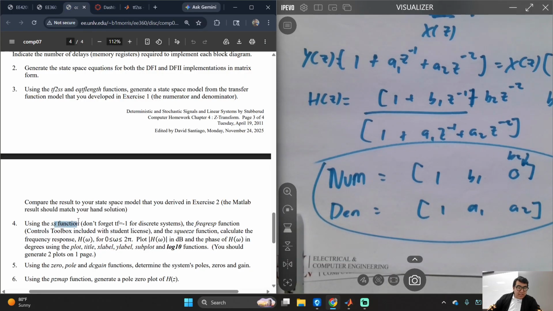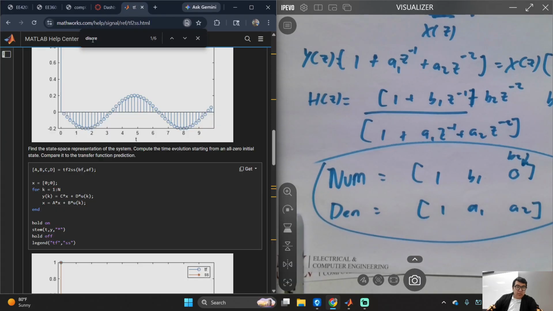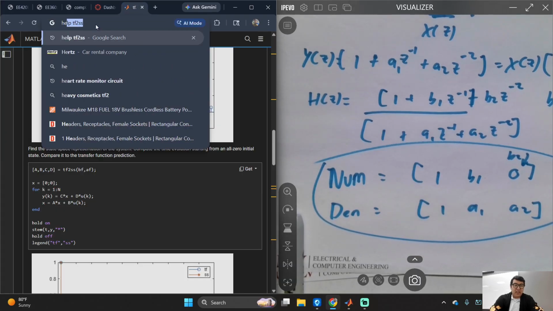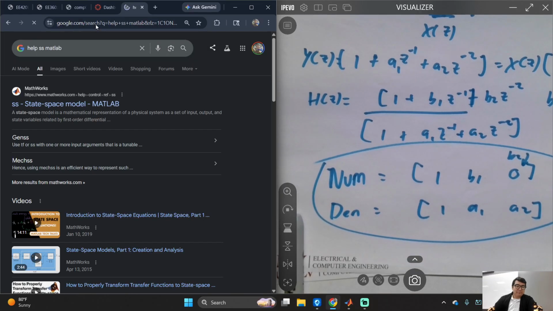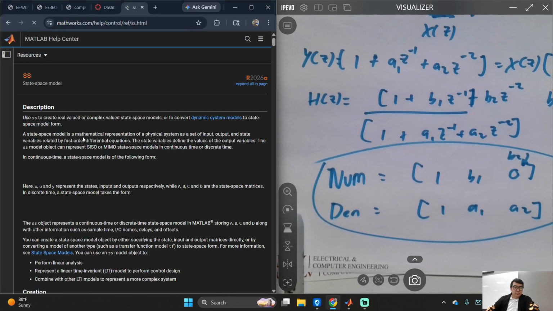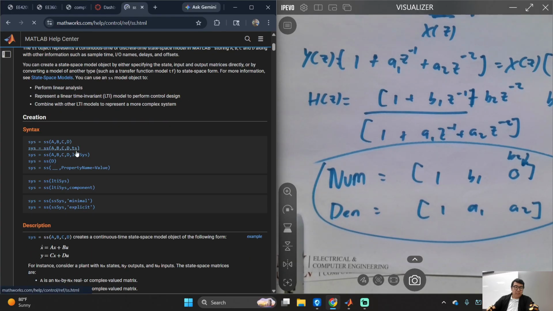Using the state space function, calculate the frequency response. So what am I going to do, y'all? Help SS MATLAB. Boom, okay? And then you're going to make sure Ts is equal to -1. So what am I going to do?